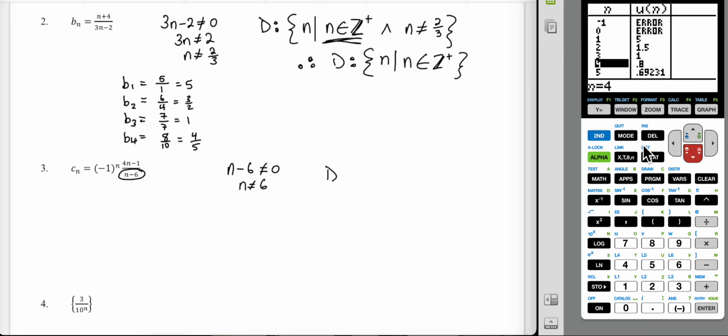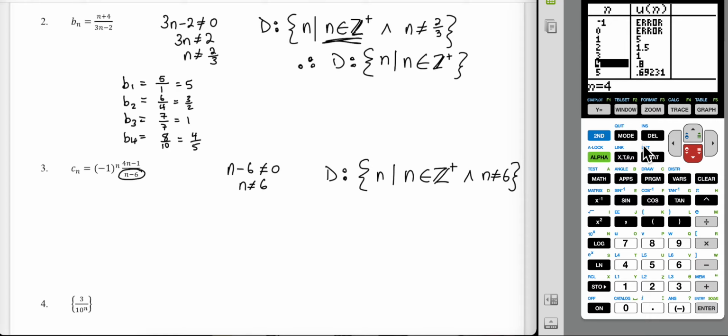So n such that n belongs to the set of positive integers, and n is not equal to 6. All right, so we're good there. They're only asking for the first 4 values, so we're fine. If we needed to go further than that, we'd have a problem though.